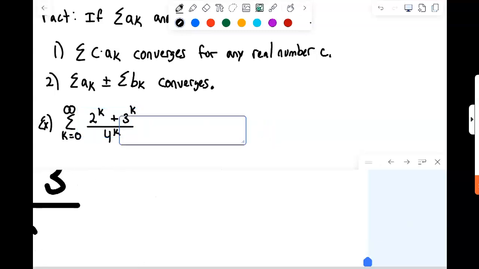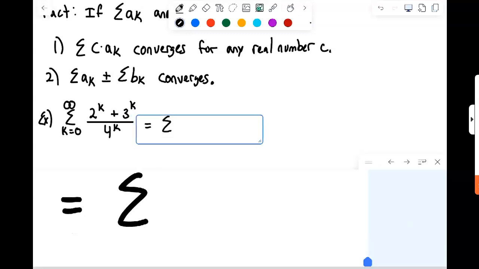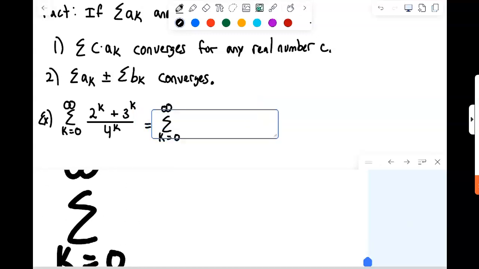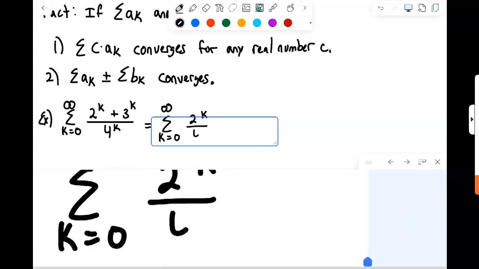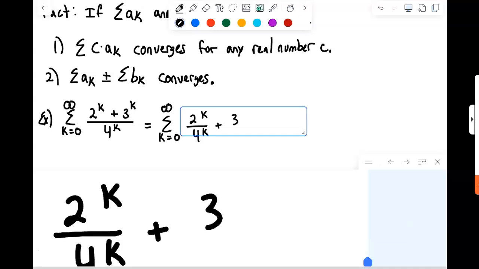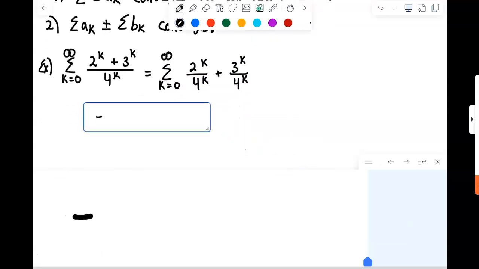So what I'm going to do is take the fraction, break it up, and think of this as two different series. Sum as k goes from 0 to infinity of 2 to the k over 4 to the k plus 3 to the k over 4 to the k. And then I'm going to simplify both of those and write them as two different series.